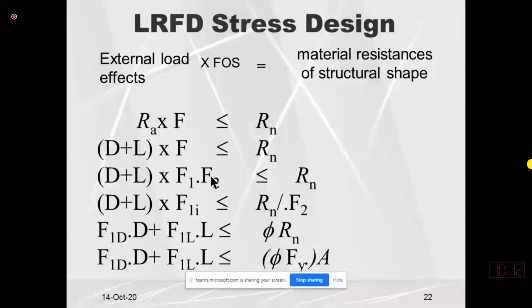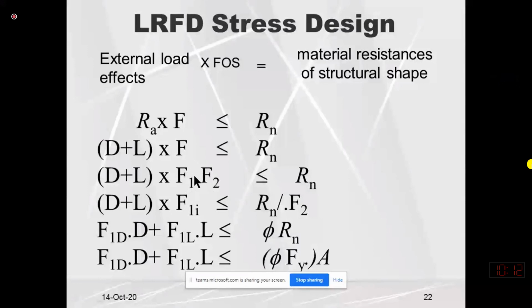So 4 multiplied by 3 is 12, and the answer is the same. We distribute the factor of safety into two parts: one is the major factor of safety, which has the larger magnitude, and F2 is the minor one, which has the lesser magnitude.